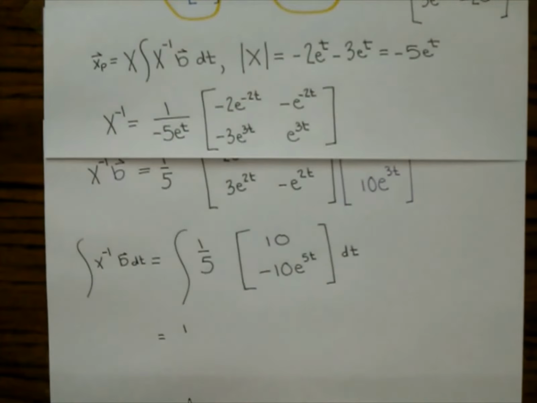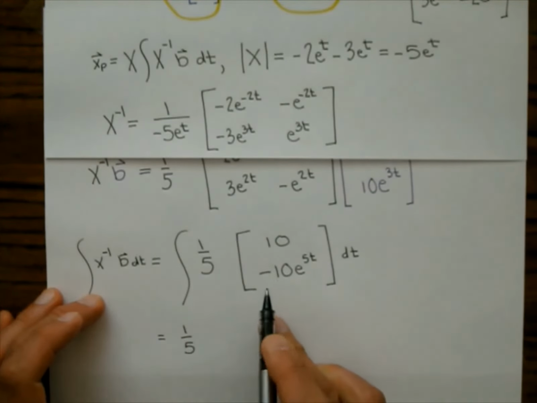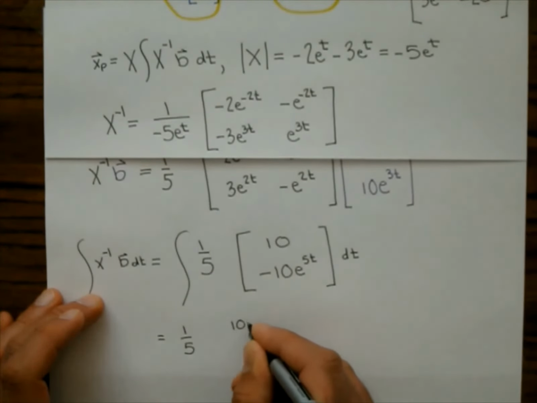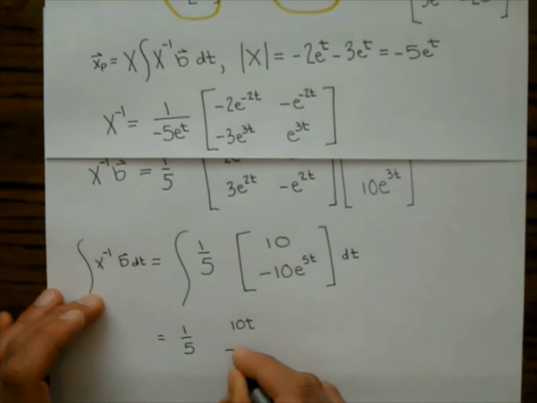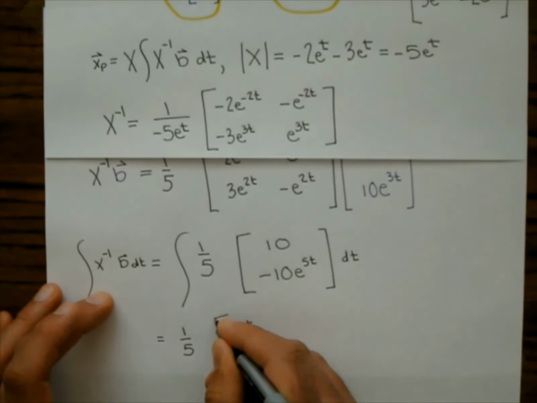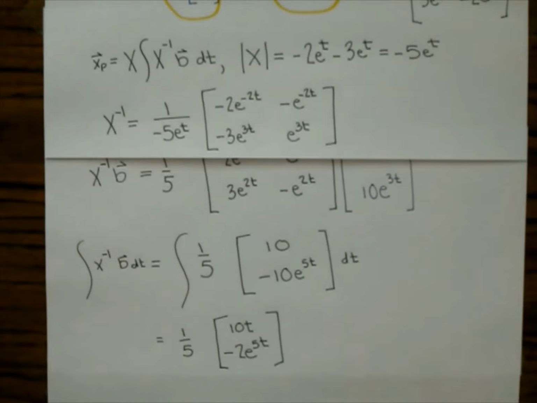No. I'm going to keep it outside the integral sign. And then I have 10t. And on the bottom, I'm going to do a u substitution. So I'm going to end up getting negative 2e to the 5t. I hesitated. I was going to multiply that back through, and then I would have had fractions there. And then I ended up not having that. So this guy right here is the result.